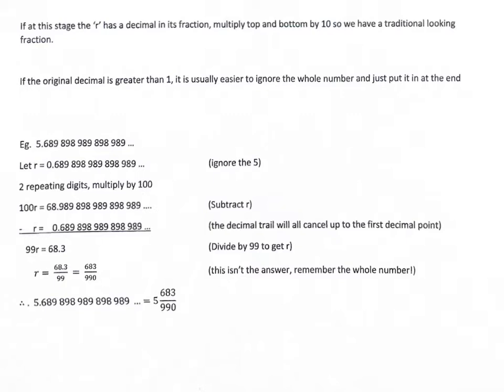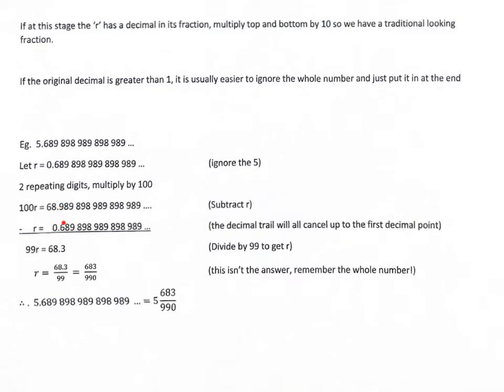We'll get 100R equals 68.989898, so we're moving the decimal place twice. If we put in R equals 0.68989898, and so on, what we can see is that the 9s at the end line up, as do the 8s, as do the 9s, all the way up to the second decimal place where the 8s line up.